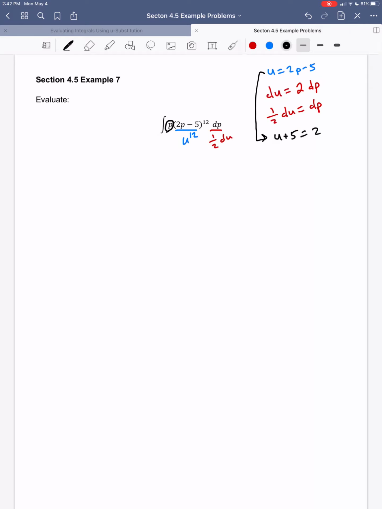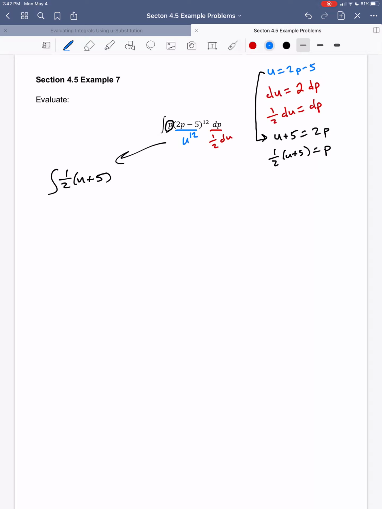And then I'm going to divide both sides by 2, or I can multiply by a half. So that says now I can replace p with 1/2 times u plus 5. So that gives me a way of going here. So p is 1/2 times u plus 5.